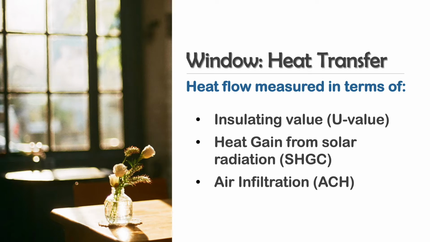We also have heat gain from solar radiation, and that's measured with the solar heat gain coefficient. And we have air infiltration, which is measured in air changes per hour, ACH.